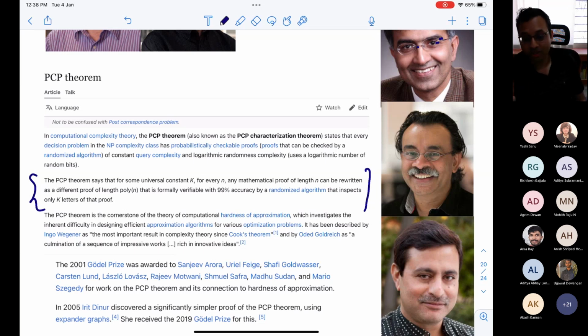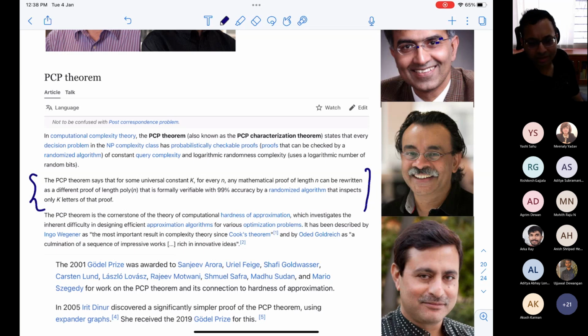It's not a constant, it's a function of n. It could be huge, but you can only check 1000 bits, even less, let's say 3 bits. Based on these 3 bits, you can do some kind of parity operation or some other operation, and say with 99% accuracy whether the proof is correct or not.